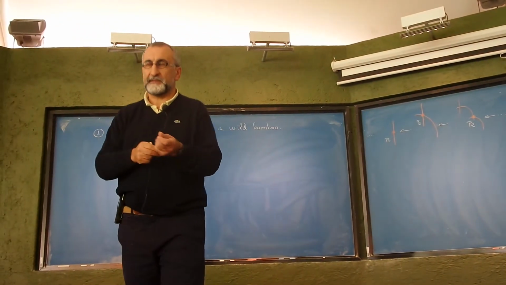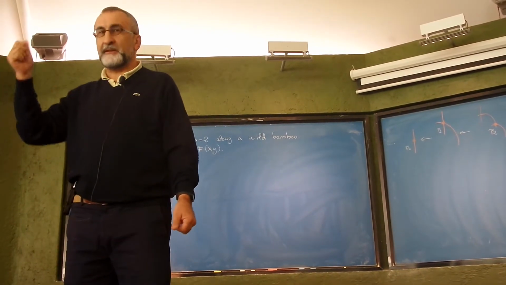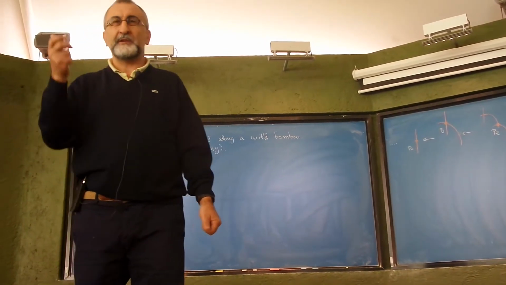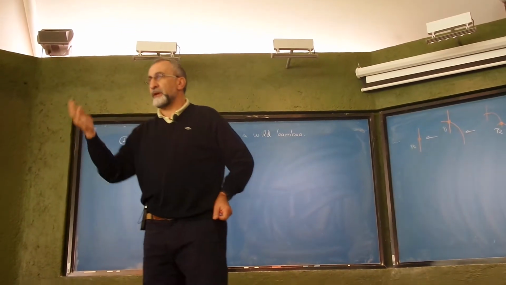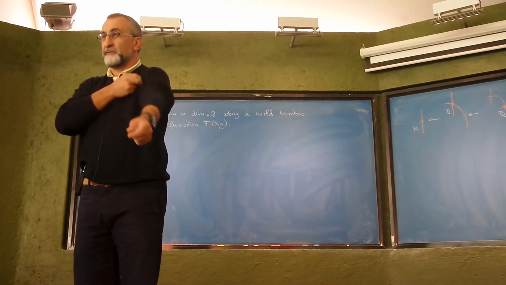We have an object that is following this wild bamboo. This object may be a vector field, it may be a foliation, it may be a curve, it may be a function. Assuming it's a function.